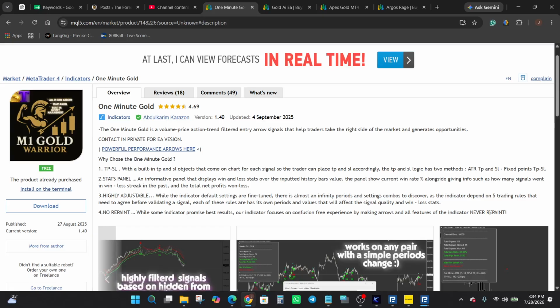The goal is to help traders identify opportunities that align with the direction of the market rather than taking trades against it. The page also mentions that traders interested in an expert advisor version should contact the developer privately. Now, since that EA isn't part of this marketplace listing, I won't speculate on how it works or what additional features it may include.